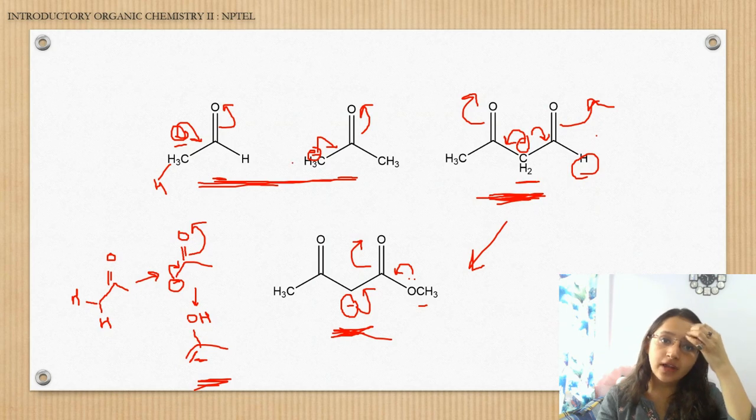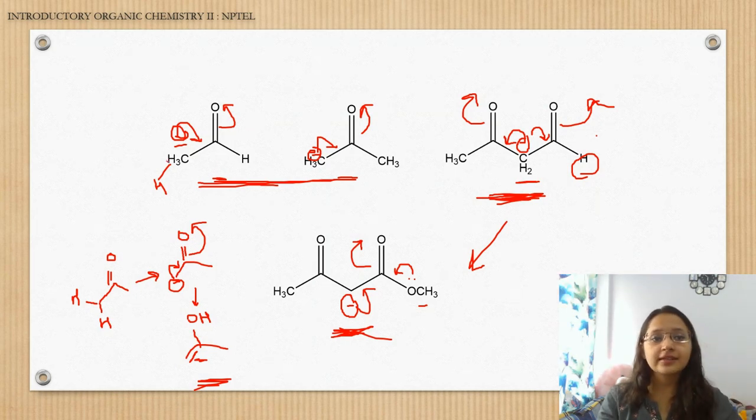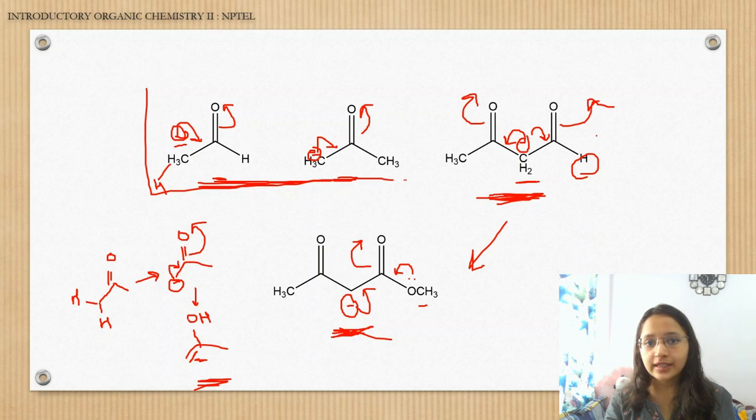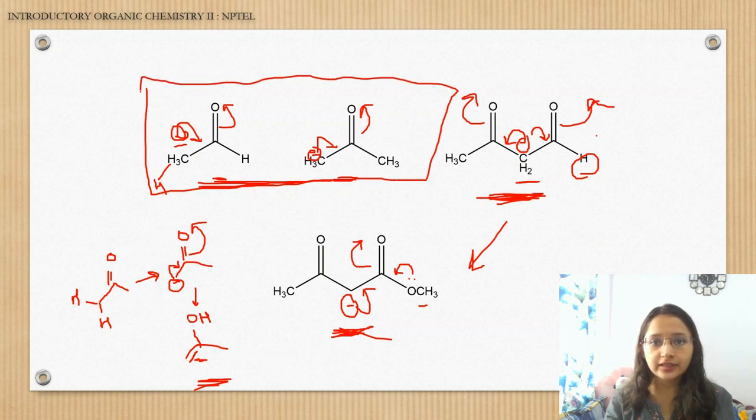See, how many carbonyls there are will decide how much stabilization there is for the carbanion. So we have ruled out these two because they have only one carbonyl, but these two have two carbonyls. So this carbanion is much more stabilized.